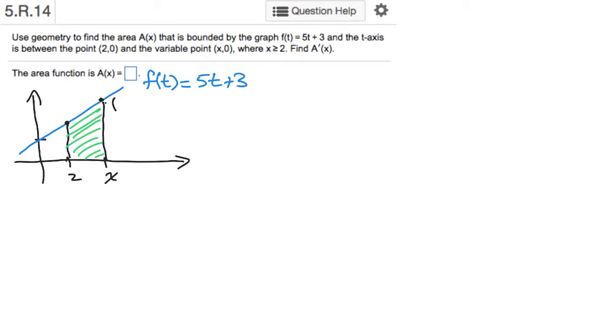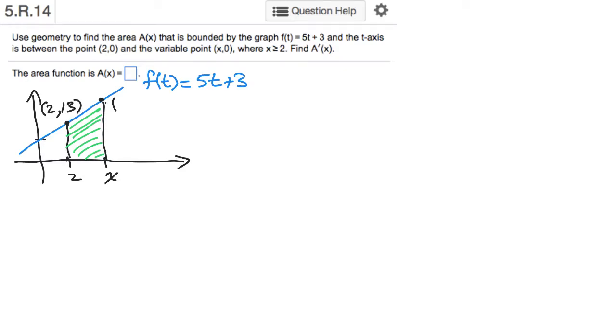So over here on the left, this point we know has first coordinate 2. The second coordinate can be found because we know the equation of the blue line. The formula for the function tells us how to find y coordinates. So if the first coordinate is 2, then plugging 2 into the formula is going to give me 5 times 2 plus 3, which is 13.